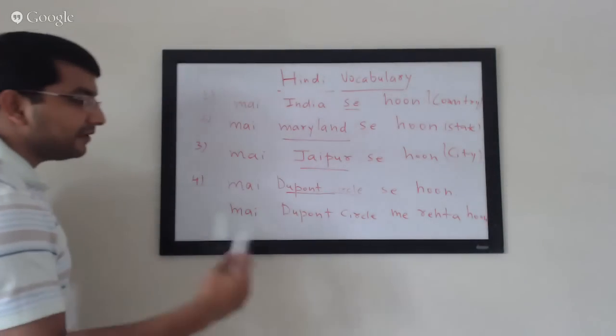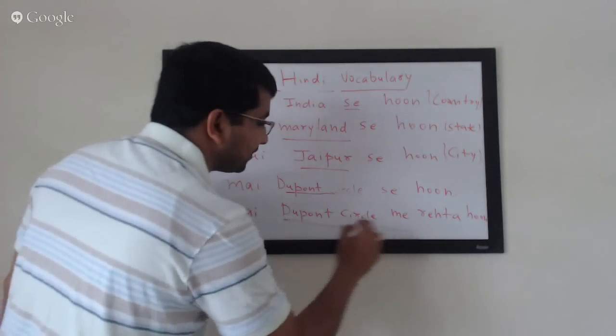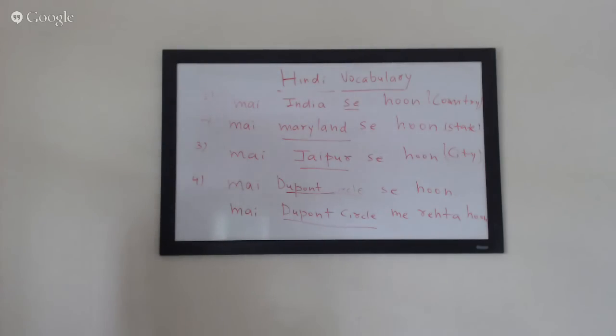That means I live near this area. DuPont Circle में रहता हूँ. I live in this area.